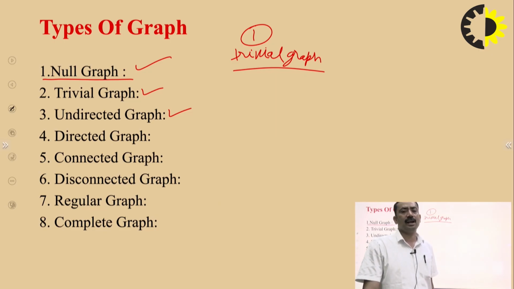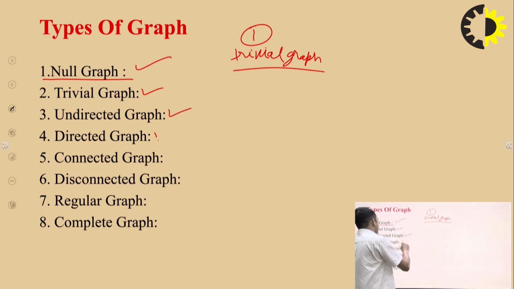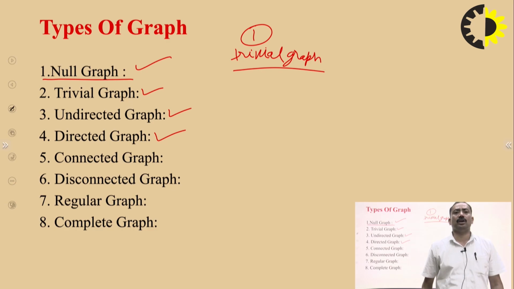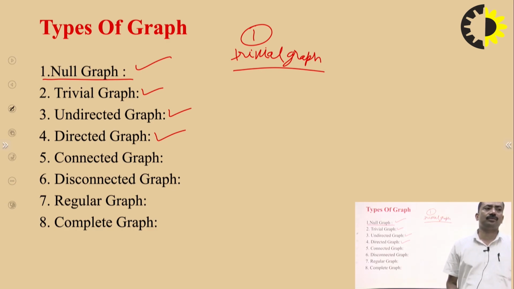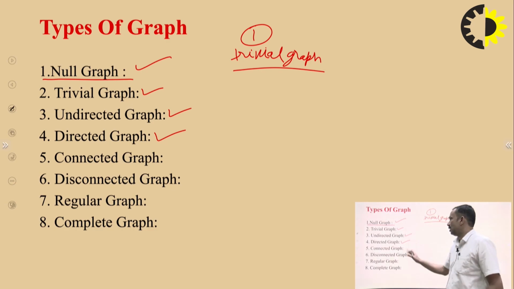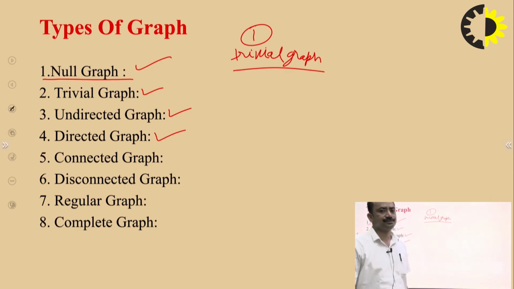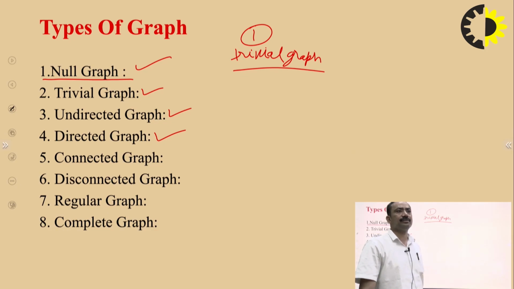Now the fourth one is the directed graph, a graph in which edges have direction. That is, the nodes are ordered pairs in the definition of every edge, so a graph with direction of the edges is called a directed graph.